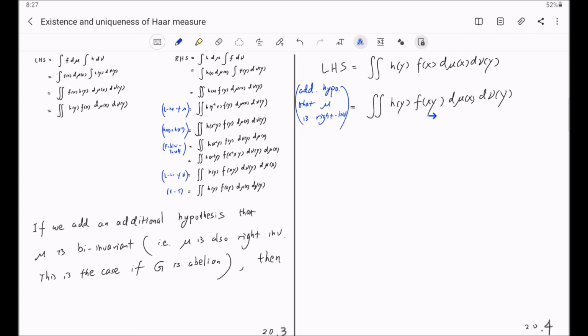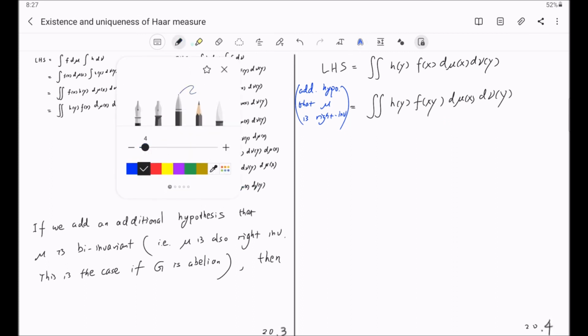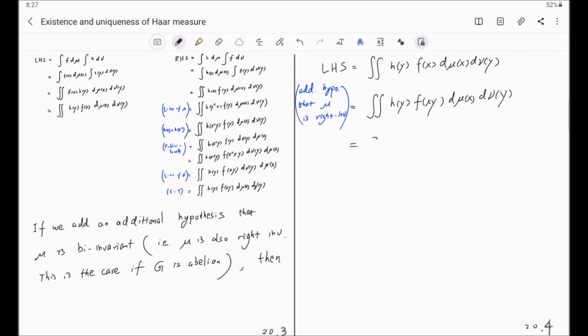This is precisely equal to the right-hand side, what we got in here. So, with this additional hypothesis, we proved the left-hand side is equal to the right-hand side. As a result, we got the uniqueness of Haar measures up to a scalar.